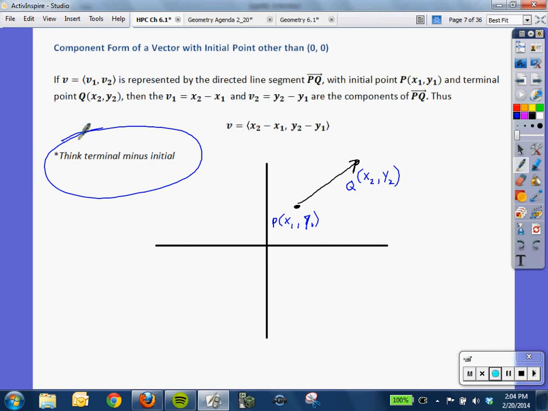You want to think terminal minus the initial, okay? So your terminal point being here at Q, your initial being here at P, you would subtract the terminal x value minus the initial x value, okay? And you do that with y as well, the terminal y minus the initial y, okay?